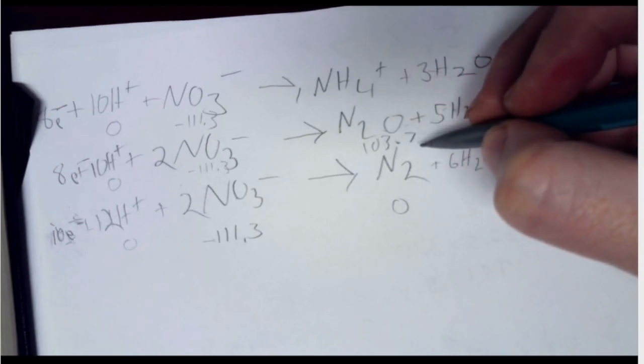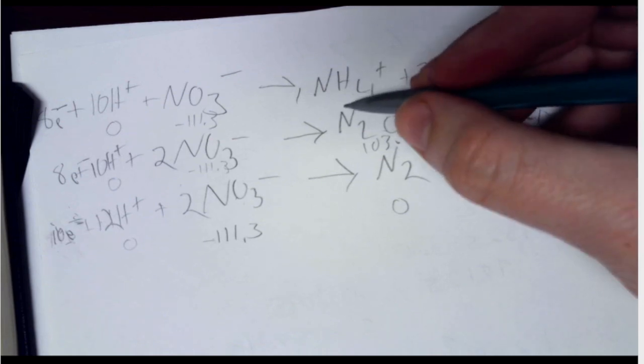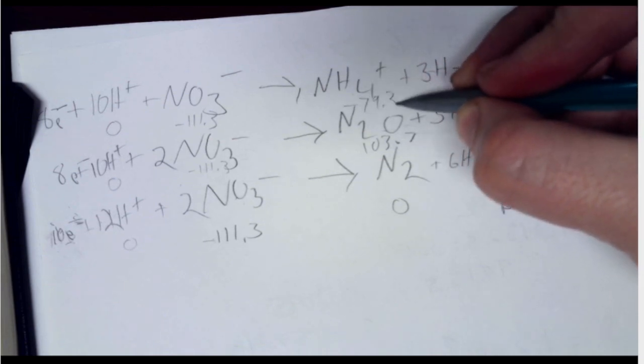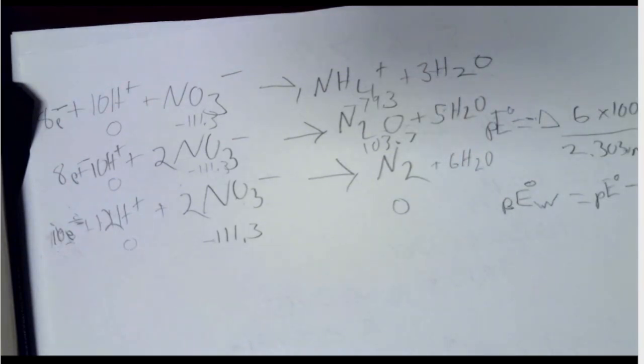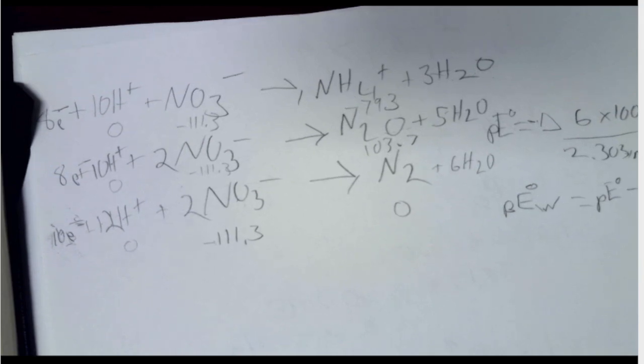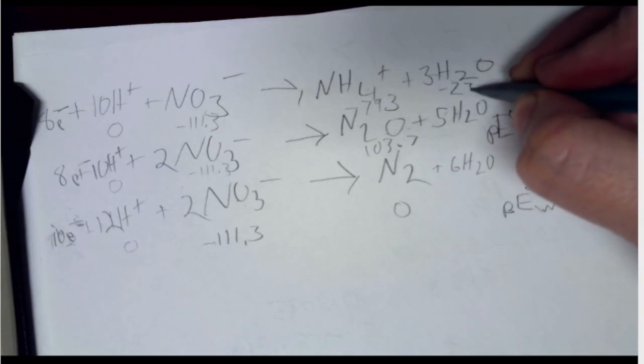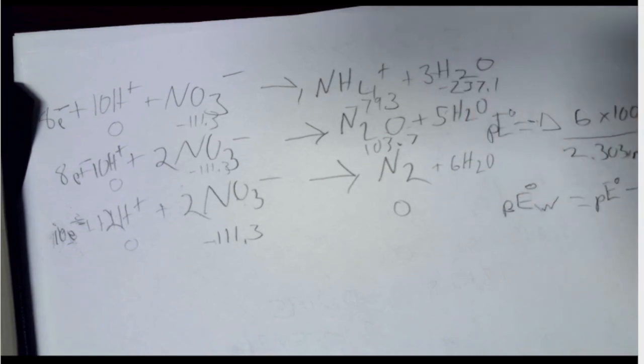And ammonium has a Gibbs of negative 79.3. And water, liquid water, would be negative 237.1.